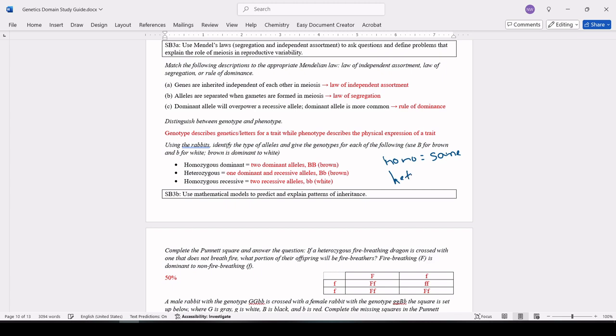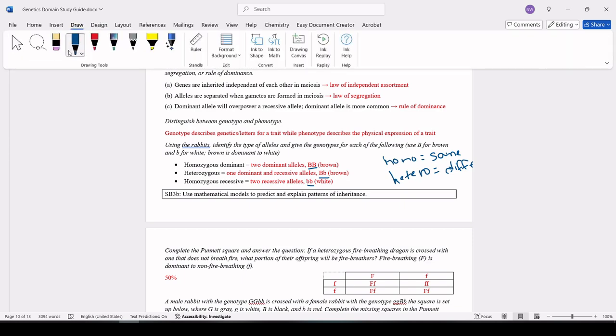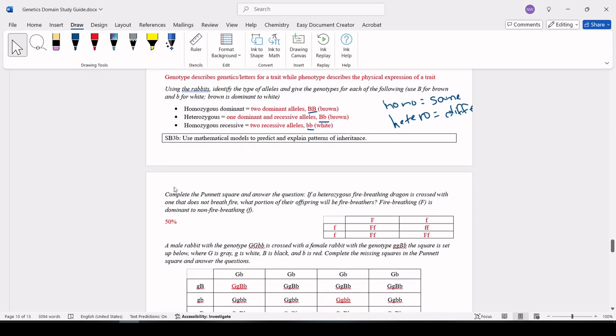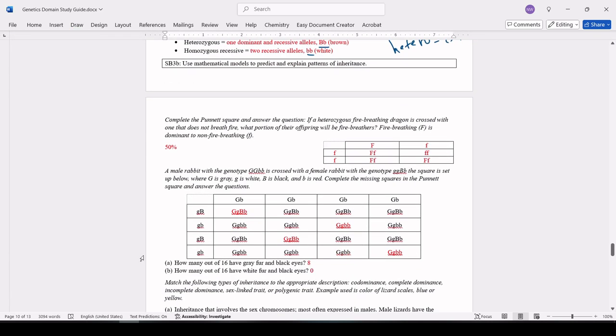Even though it has a recessive version, it's going to show the dominant trait. So in this case, it's brown. Homozygous recessive, you have 2 little letters, and they're going to show the recessive trait. So here it's lowercase, here you have 1 big and 1 little, and then here you have 2 big. Again, homo means same, hetero means different. Just think of those. All right, let's get into the Punnett square.